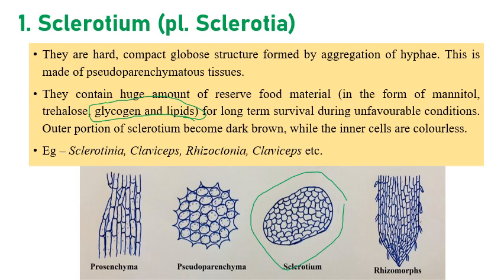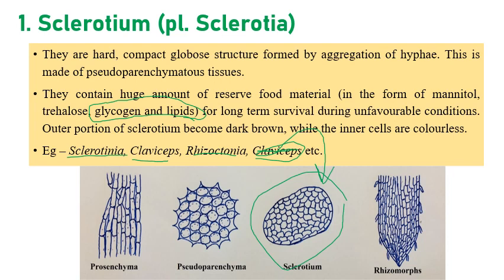Whenever favorable conditions set in, the sclerotium again germinates and produces fungi. Pathogens like Sclerotium rolfsii, Sclerotinia, Claviceps, Rhizoctonia, Macrophomina produce a resting structure called sclerotium during unfavorable time.